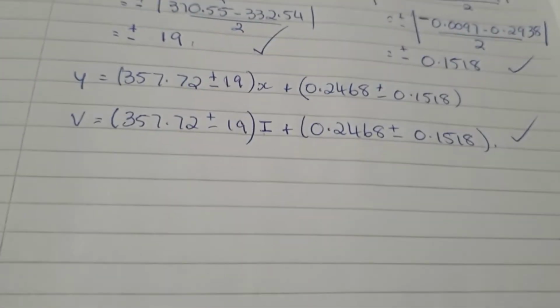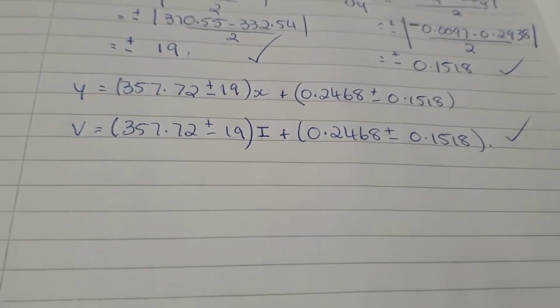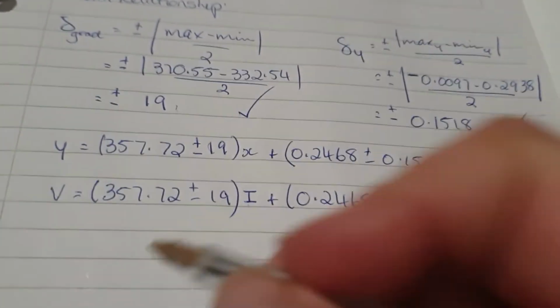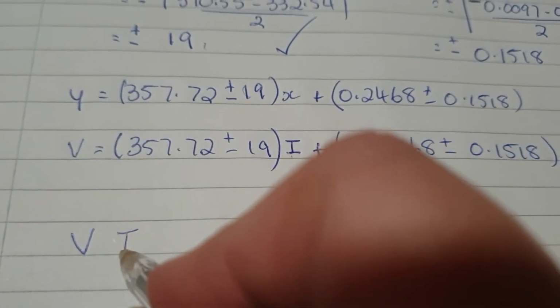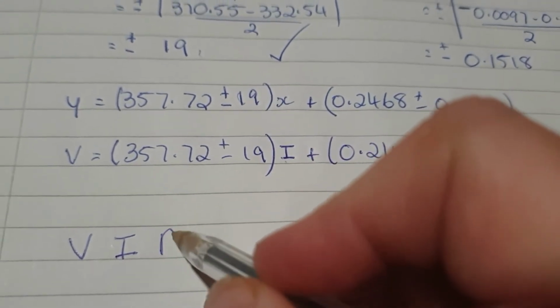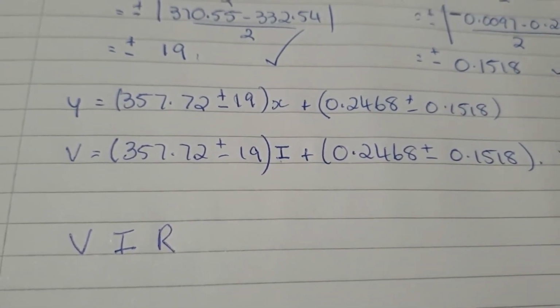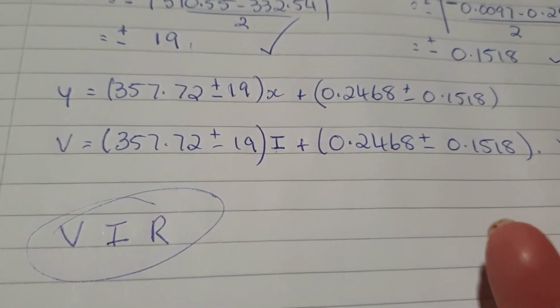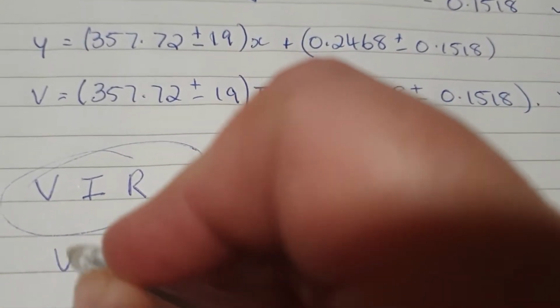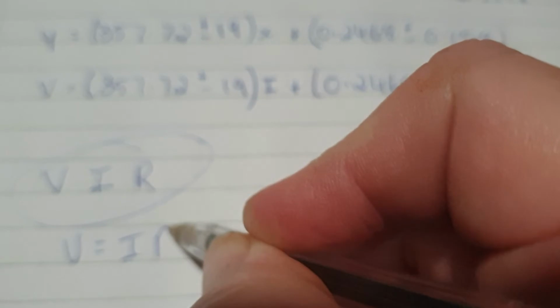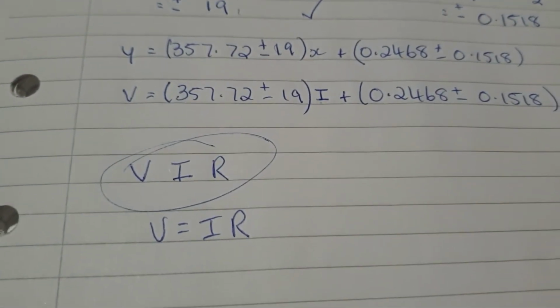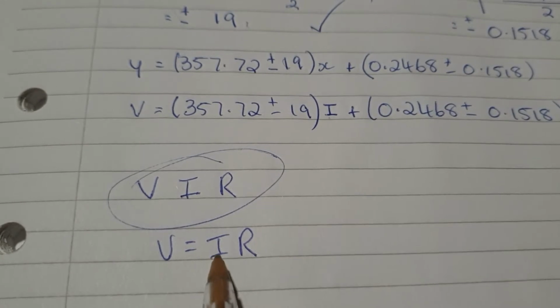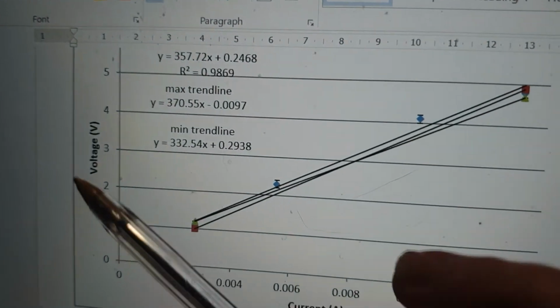Righto. The last bit: draw a conclusion that quantifies the magnitude of the resistor. I've got a graph that has V and I, and it wants to know the size of the resistor, the magnitude of the resistor. Do I know an equation that relates V, I, and R? Yes, I do. V equals IR. I go back and look at my graph and ask what the slope would represent.